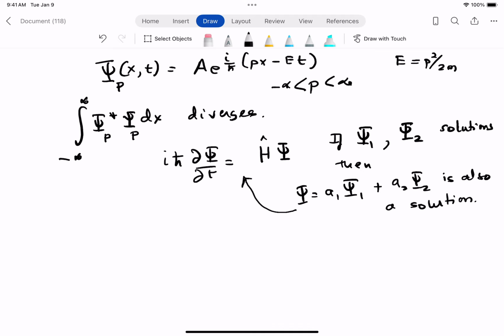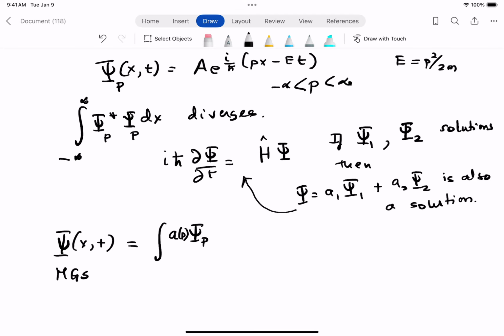For an infinite number of solutions where it's continuous, where the solutions are labeled by this continuous variable p, the idea is the same. Psi of x,t, the most general solution, is going to be an integral, not a sum. You take each psi p and multiply it by a number, and that number depends on p.